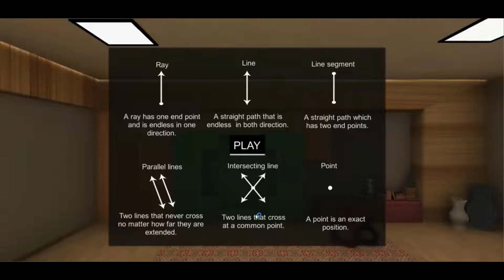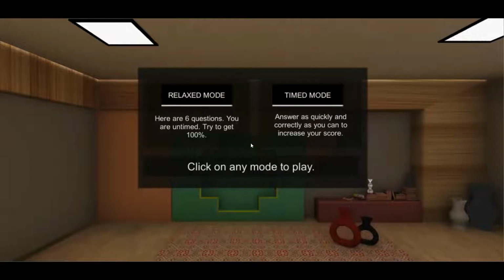Intersecting lines, 2 lines that cross at a common point. And finally, a point. A point is an exact position. So let's start. Relaxed mode. Here are 6 questions. You are untimed. Try to get 100%. Timed mode. Answer as quickly and correctly as you can to increase your score. Click on any mode to play. Let's start with relaxed mode.